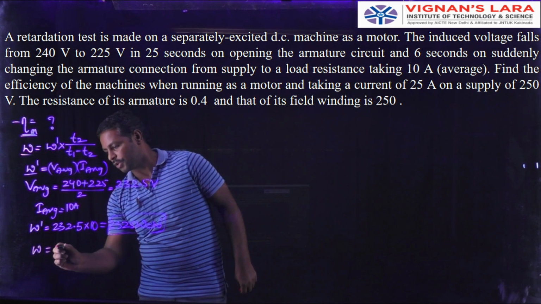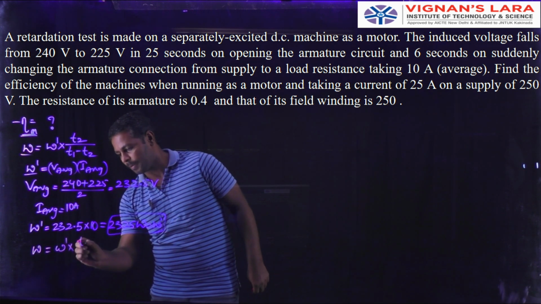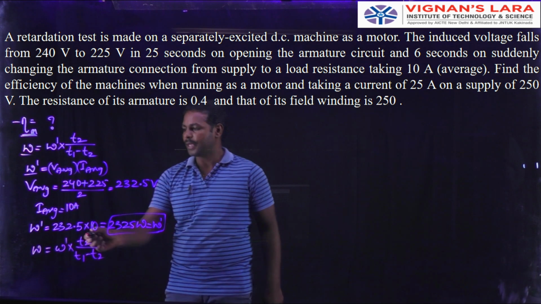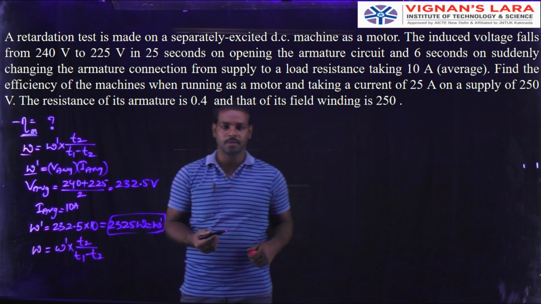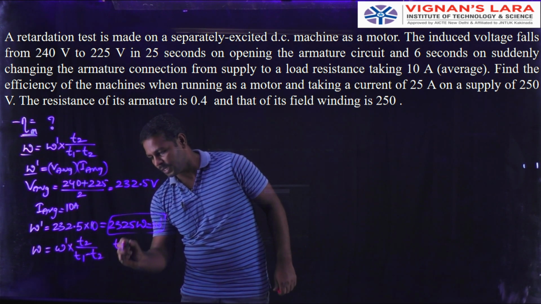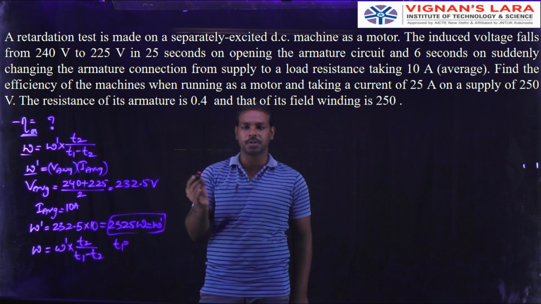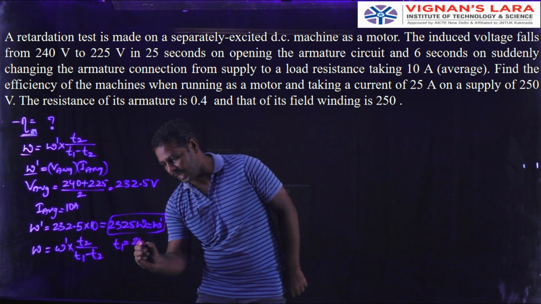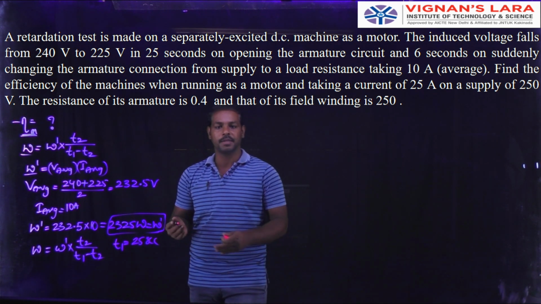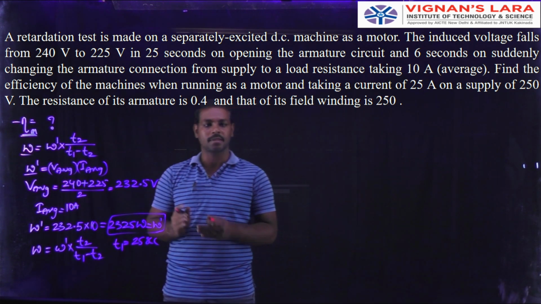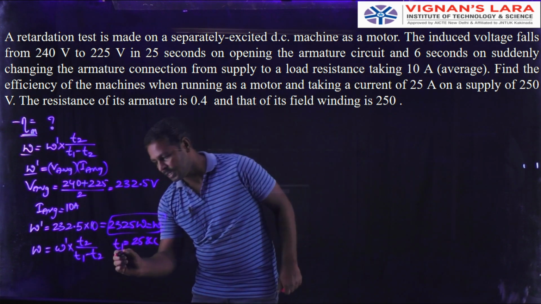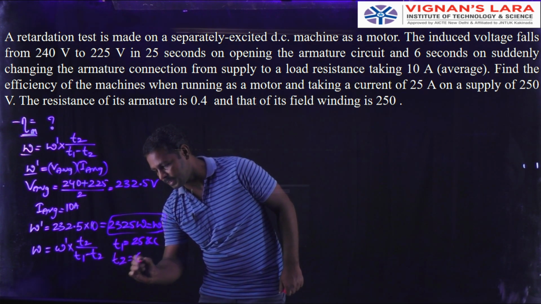W is equal to W dash into T2 divided by T1 minus T2. By using this expression, the times are considered. T1 is the time in which the voltage falls, which is 25 seconds. The second one, the opening of the armature circuit on suddenly changing the armature, means T2 is equal to 6 seconds.